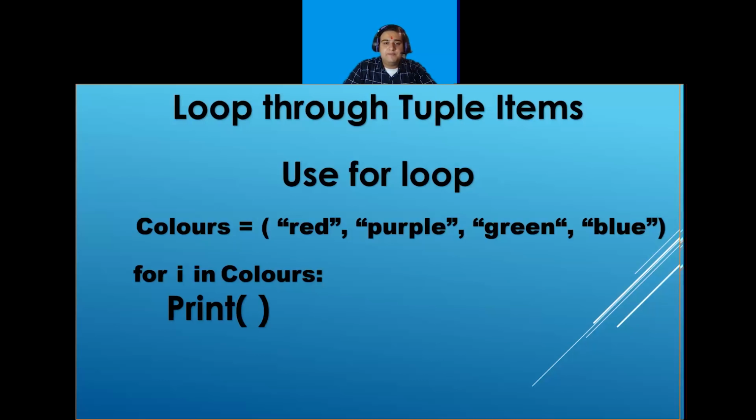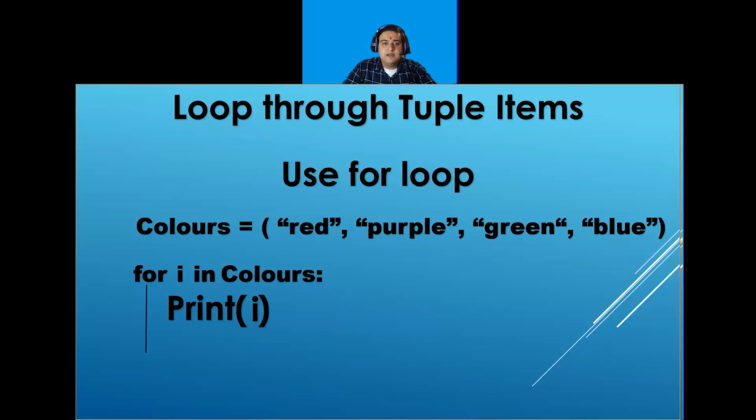So I will write print I. You have to remember the indentation here, because indentation is the way of saying that print I is under the for loop, is inside the for loop.